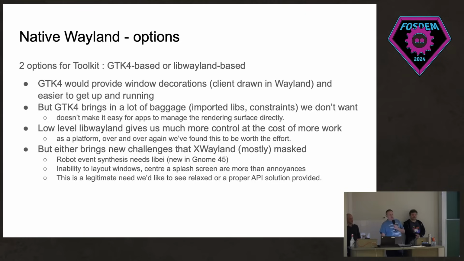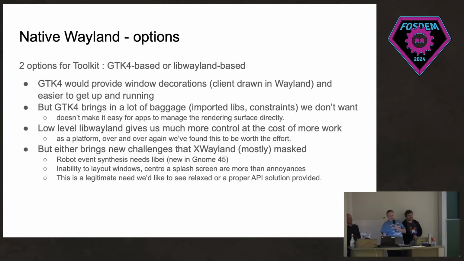If you do an LDD or something on a running GTK4 process, you'll be paging through it for a while. But really, one of the problems was it's just really hard to get the level of management of when you render to the surface in the way that we need to with GTK4.